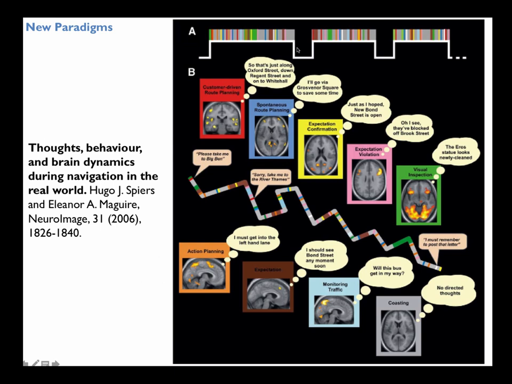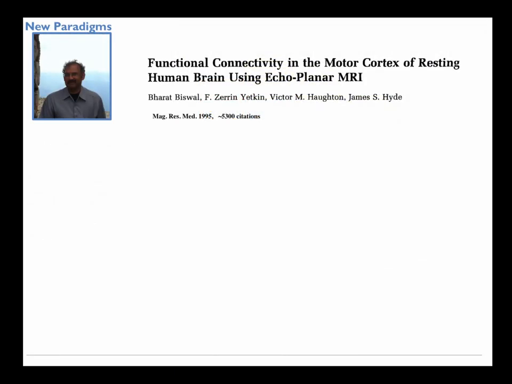And depending on what they were doing, then the bins were averaged together, and they made these beautiful maps that looked very different from each other depending on what they were doing. So this is very powerful because the subject was freely behaving, and they were doing very complicated things, but you were keeping track of the complicated things that they were doing, and you allowed the paradigm to just determine how you binned your data.